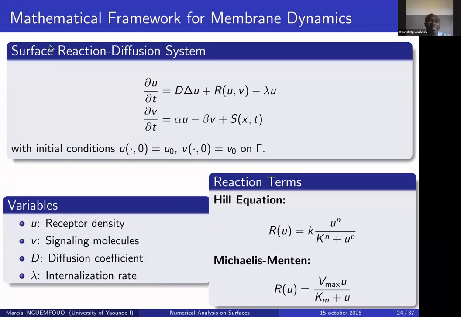I extend it to a more complicated surface reaction diffusion system for membrane dynamics with initial condition, where the variable U is the receptor density, V is the signaling molecules, D is the diffusion coefficient, and lambda is the internalization rate.